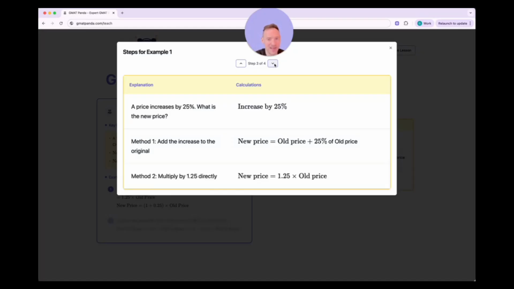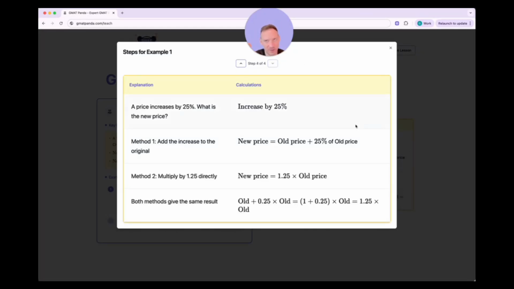And you may notice here that this 25% of the old price, we can write as 0.25 times the old price. But since we then have to add this to the old price, we can factorize that together and write this as 1.25 times the old price.